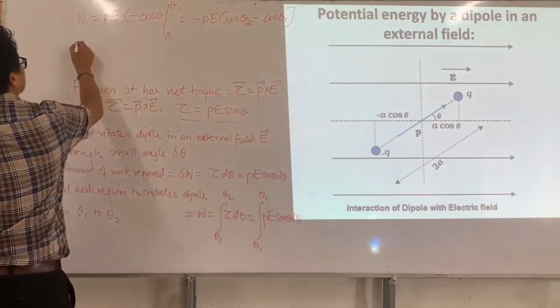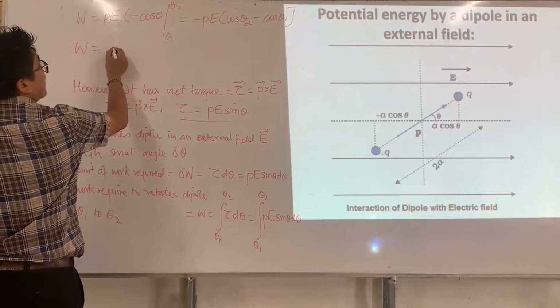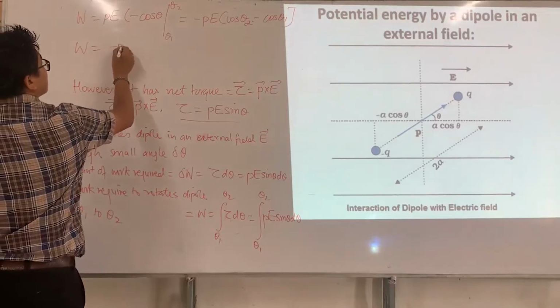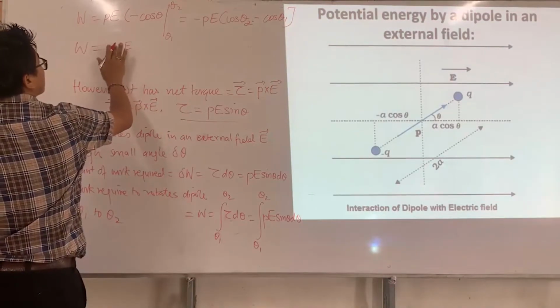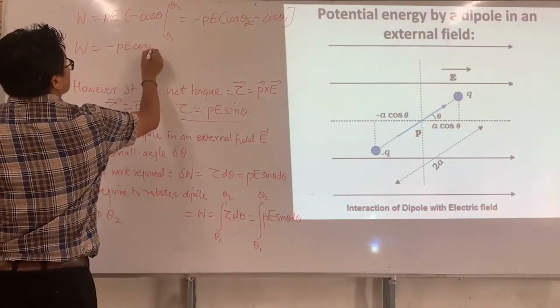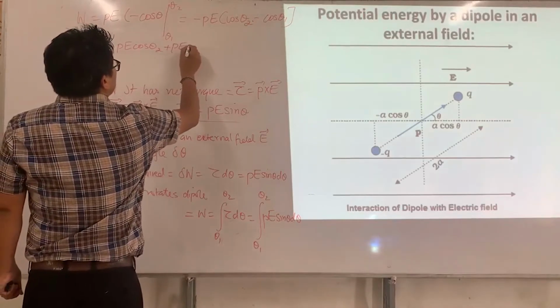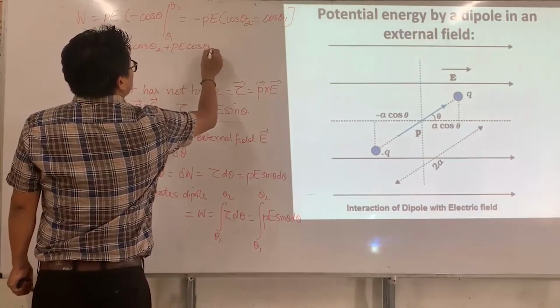So this can be written as minus PE cos theta 2 plus PE cos theta 1.